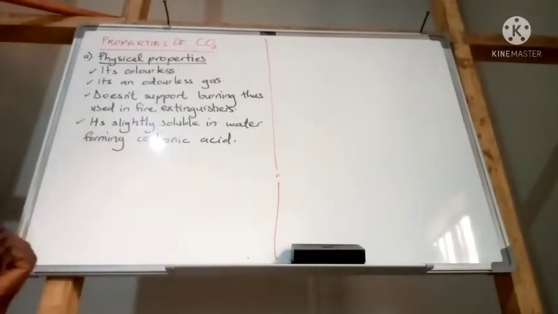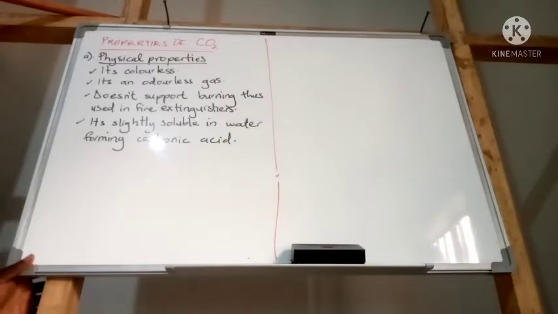I think you saw it in the previous uploads on hard water, that the weak carbonic acid can dissolve limestone if it falls under limestone areas, and it causes hard water. So carbon dioxide is slightly soluble, and when it dissolves, it's going to give us carbonic acid.